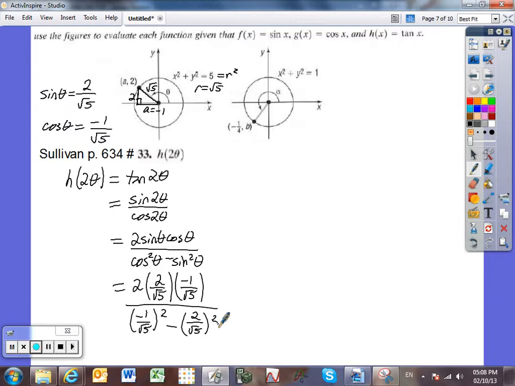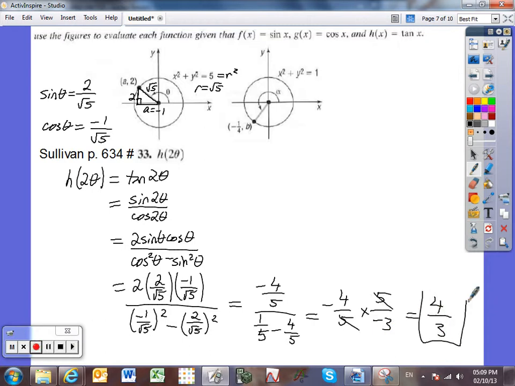Alright, that resolves and gives us a numerator of -4/5 divided by a denominator of 1 over 5 minus 4 over 5. And so our -4/5 in the numerator must multiply by the reciprocal of -3/5. And the 5's cancel and the negatives cancel. I'm left with 4 over 3.